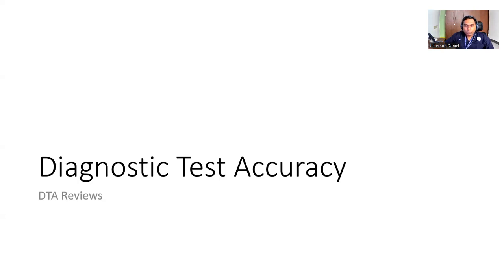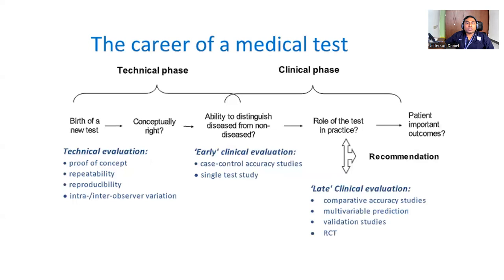Now the WHO has to recommend TB LAMP or TrueNAT in a particular setting. They need to know what is the pooled estimate, what is the overall pooled sensitivity and specificity for a test before they make a policy. So this kind of diagnostic test accuracy systematic review will answer these specific questions.